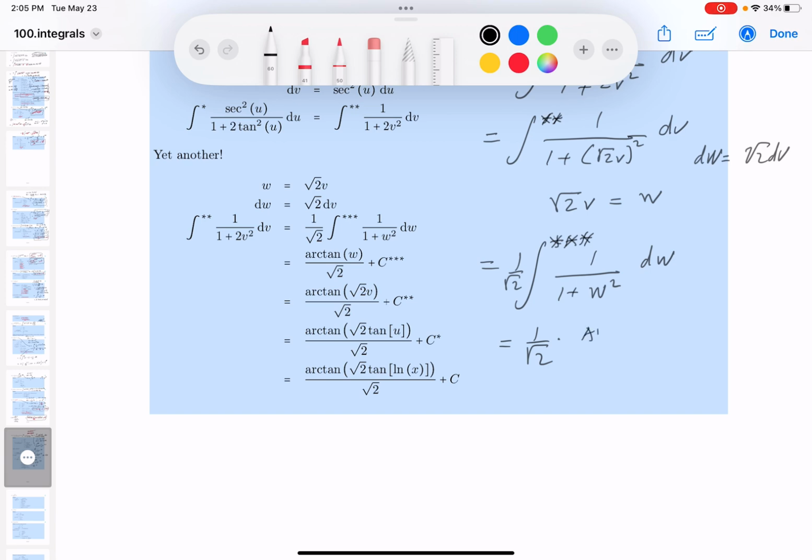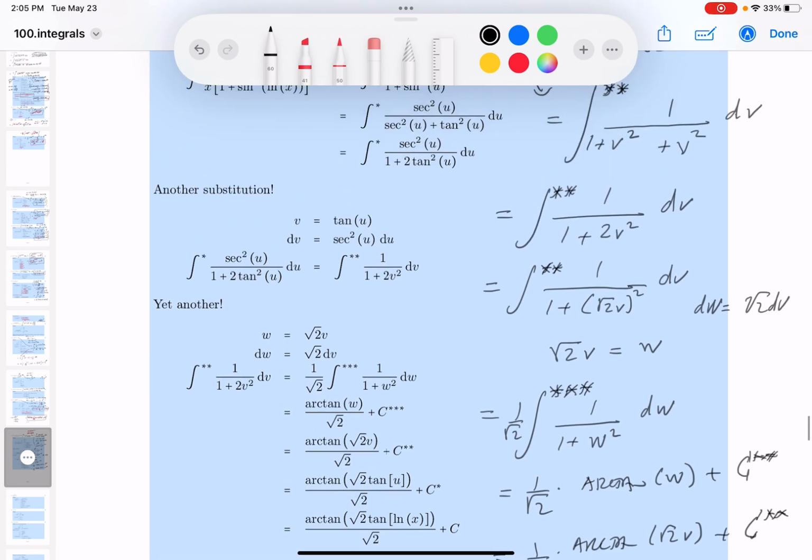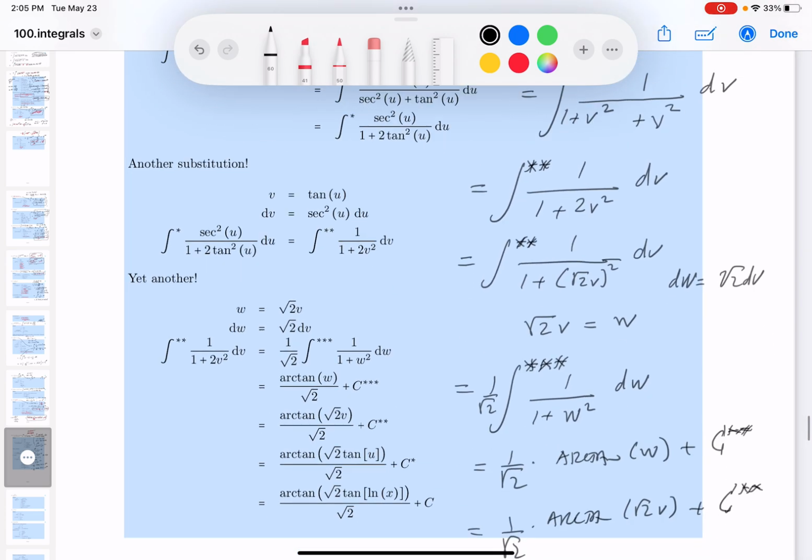It's going to be arctan w, plus some constant of integration. And I got to work my way backwards now. 1 over root 2. What's w? Oh, that's root 2v. All right, what was v? Oh, tan u.